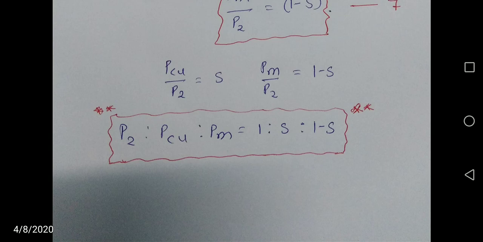Most of the times in exams, competitive exams and board exams also, it is a very important formula. P2 is to PCU is to PM equal to 1 is to S is to 1 minus S. So you should remember that equation.